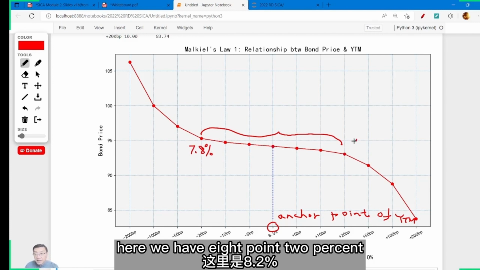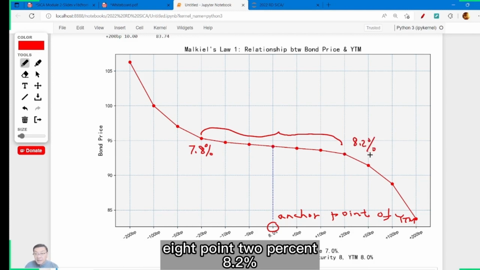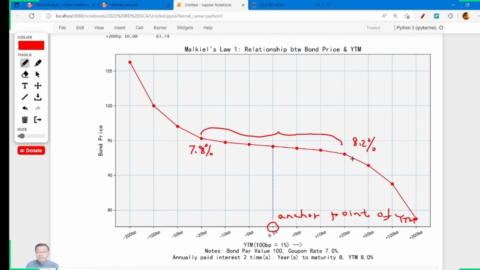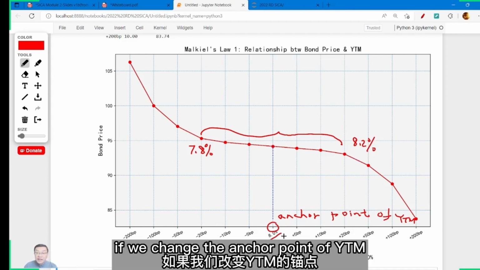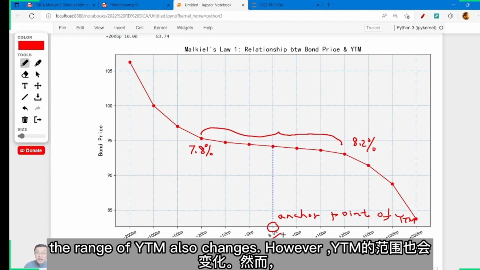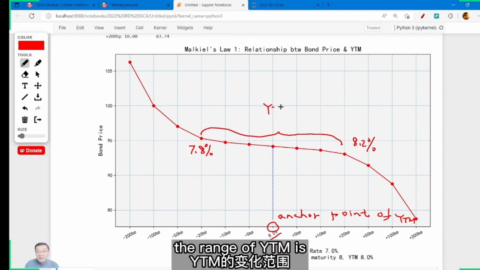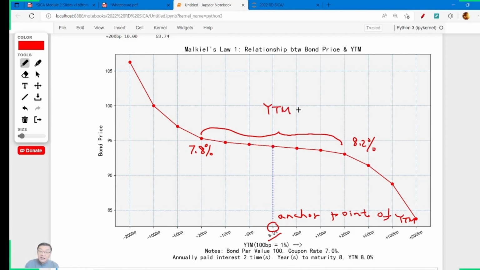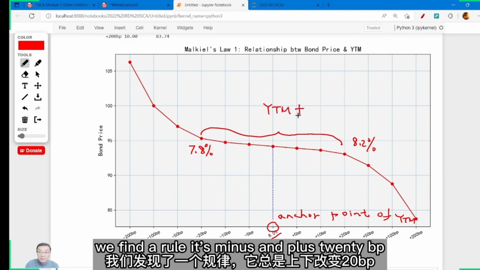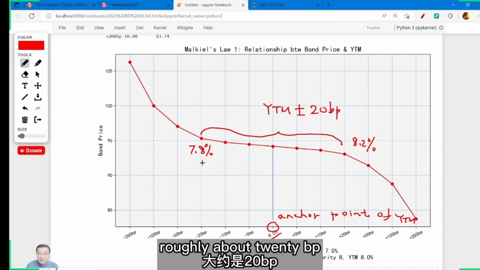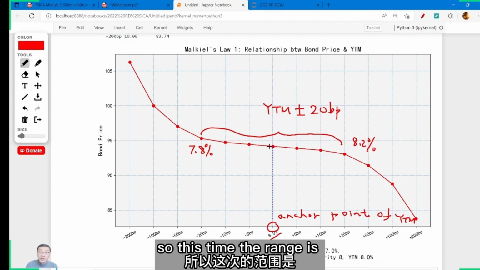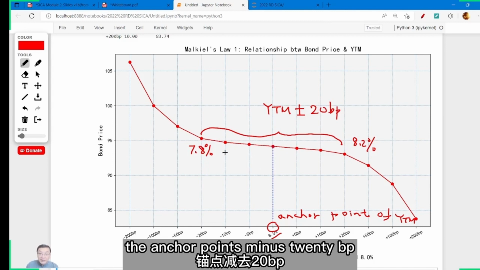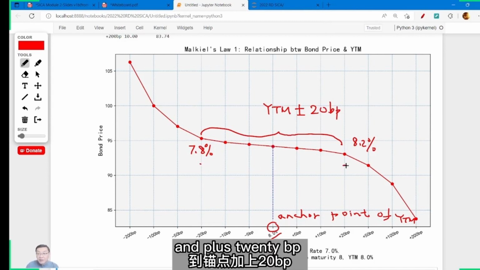Here we have 8.2%. Now we find that if we change the anchor point of YTM, the range of YTM also changes. However, we find the rule is roughly minus and plus 20 BP. So this time the range is the anchor point minus 20 BP and plus 20 BP.